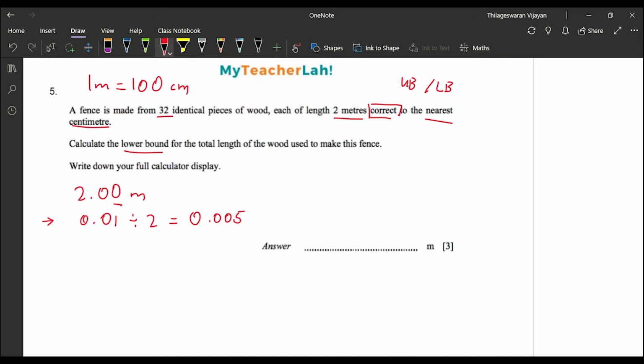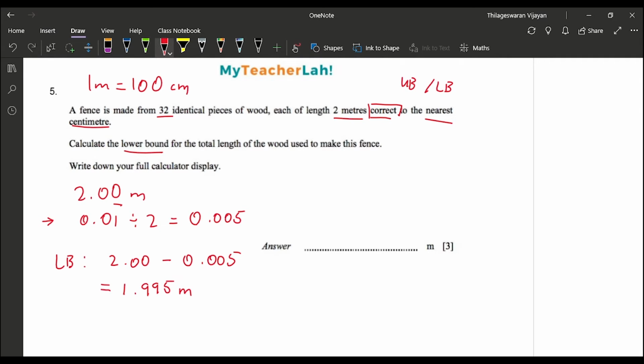Once you get that division done, all you need to do is either plus or minus. If you plus, you get the upper bound. If you minus, you get the lower bound. In our case, we are only looking at lower bound. So you take 2.00 minus 0.005. So you will end up with 1.995 meters.